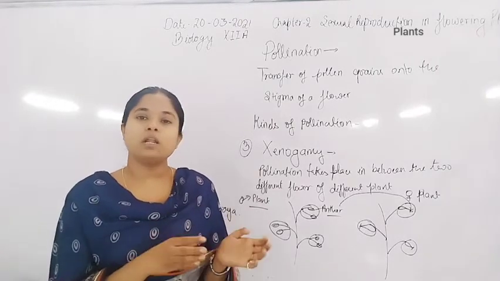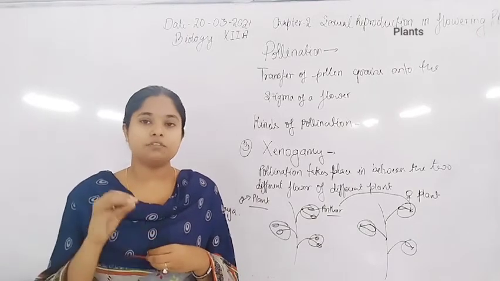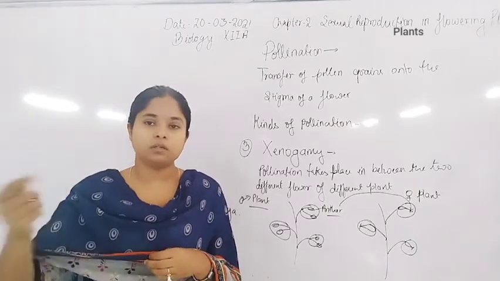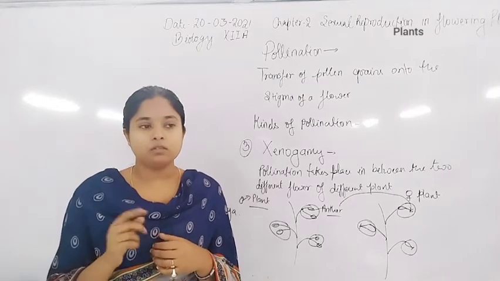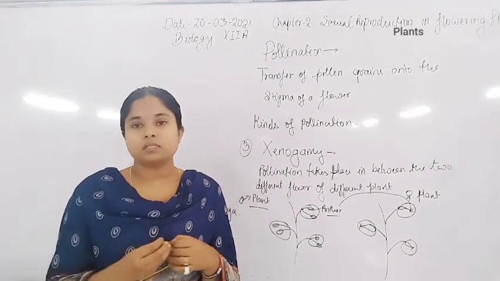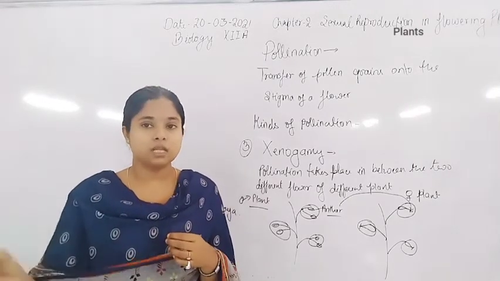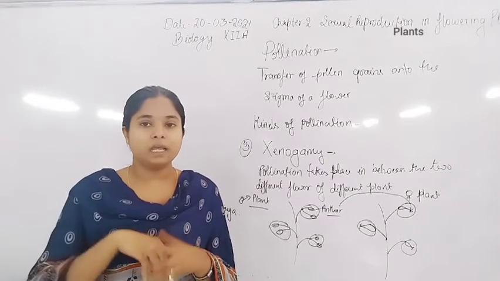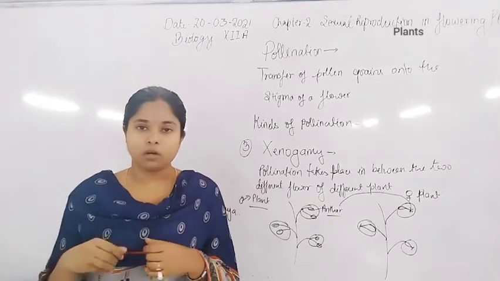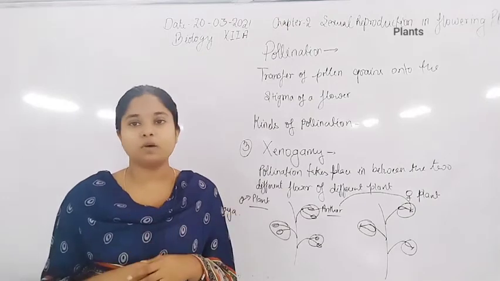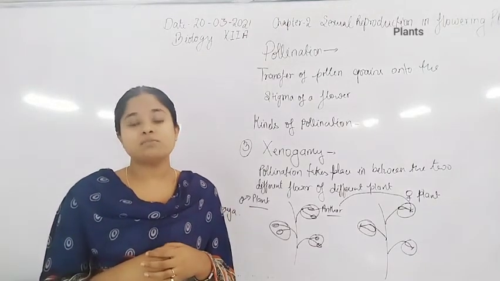So it also allows cross pollination, because if the pollen grain of a second plant, or a second flower of the same plant, belongs to the same species, it can germinate on the stigma of the flower. So cross pollination is also allowed in the chasmogamous type of flower.